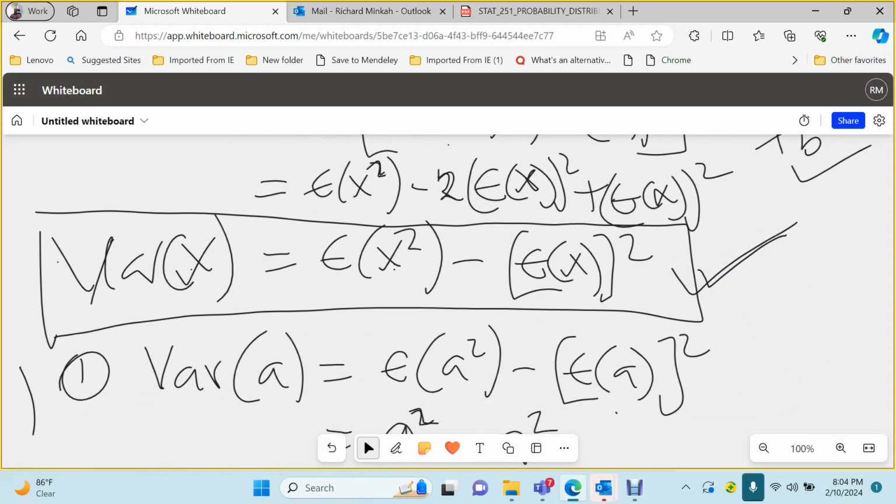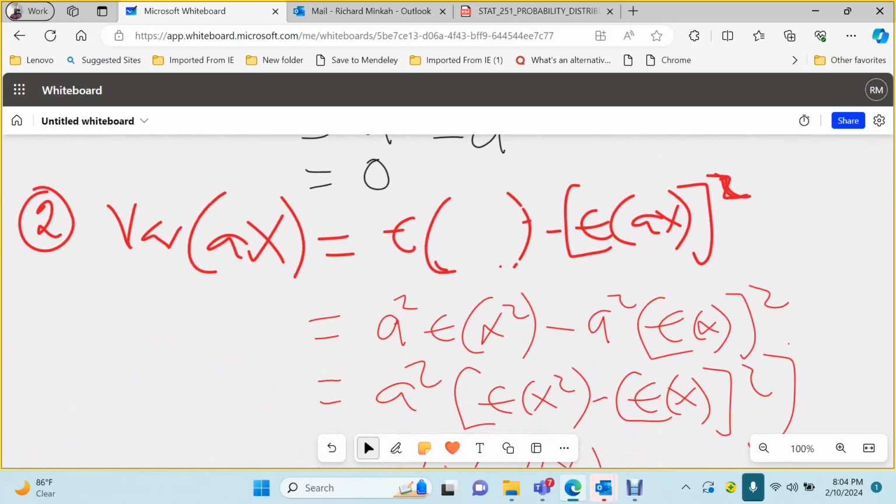So if I come over here, within the variance I have aX. So what am I going to put over here? Definitely I'm going to put aX all squared, which will be a squared, but a is a constant, so I can bring it outside the expectation. Remember what we did for expectation, the property.